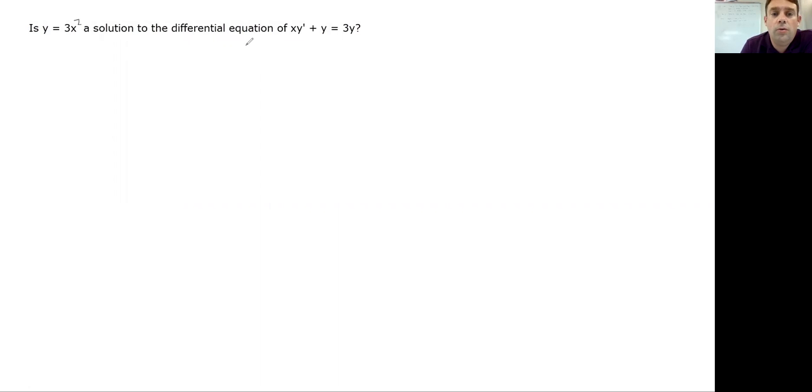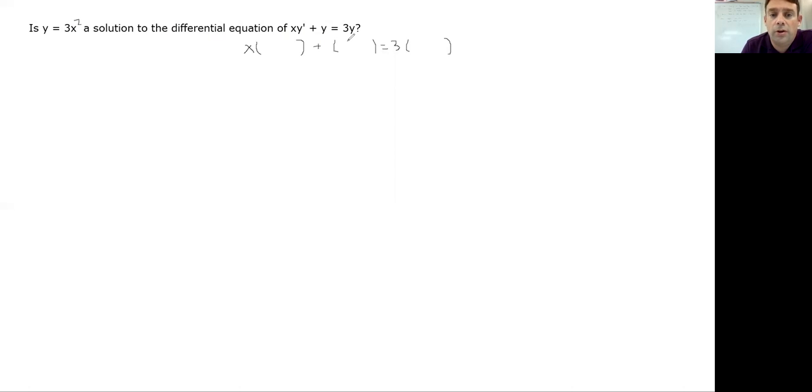What we're looking at here is that a differential equation basically has a derivative, or a form of the derivative, that will make the equation true. So if I take everything here and plug it all in, I already know what y is, so I can plug y in here.